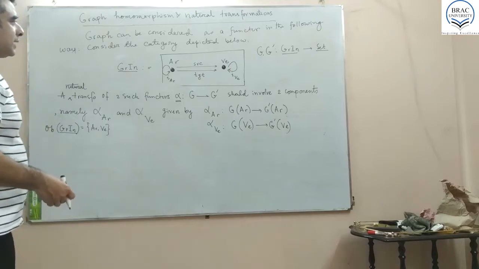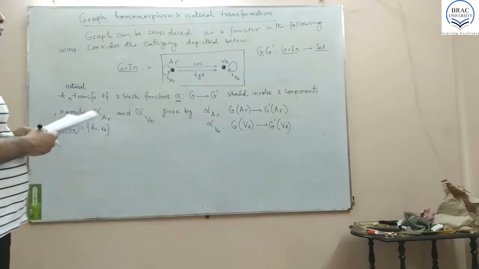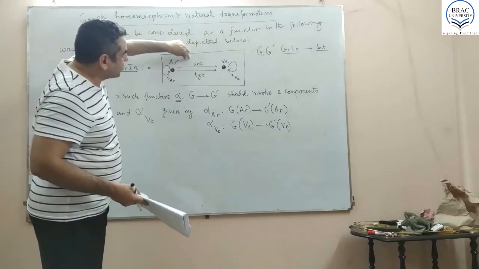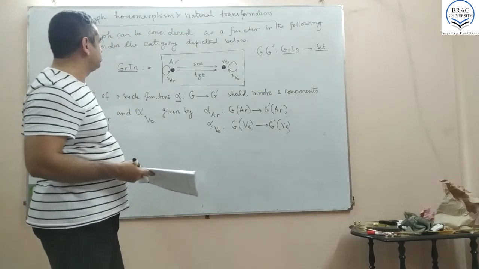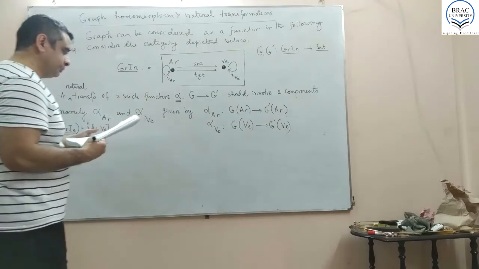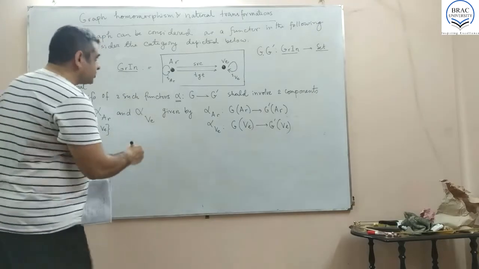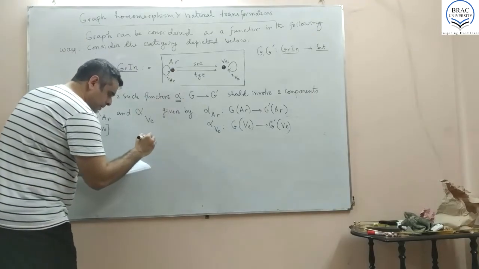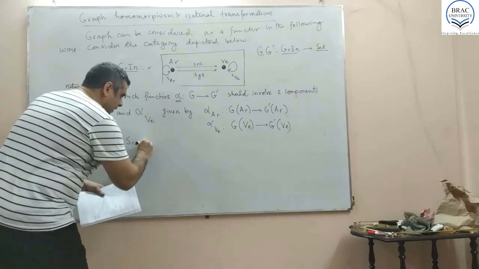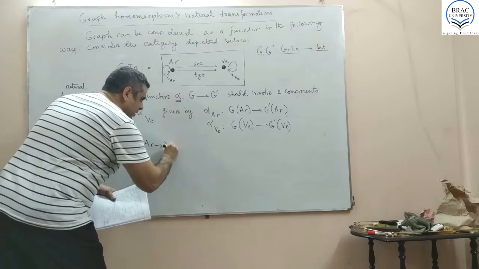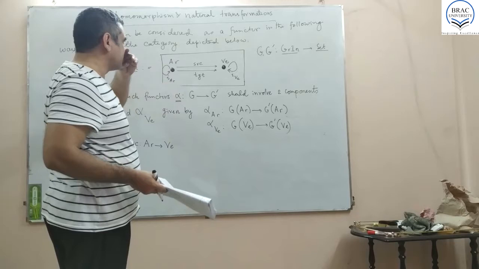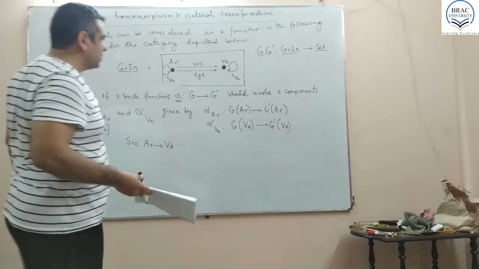So there should be a naturality square for each morphism in this domain category. Let us take that morphism to be SRC from AR to VE. You could have chosen some other morphism as well, TGT or the identity morphisms, but we're choosing SRC, okay?